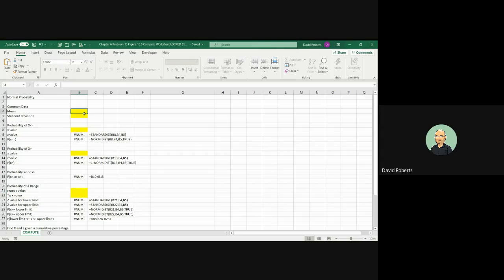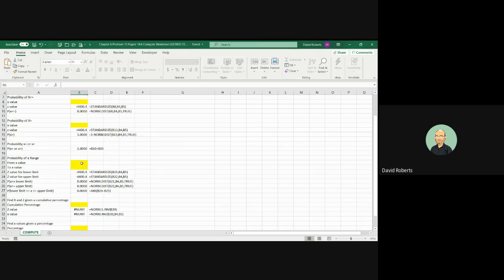So the sample mean is 22.002 millimeters. The standard deviation is 0.005 millimeters. Now the question in part A: what proportion or percentage of the shafts are between 21.99 millimeters and 22?